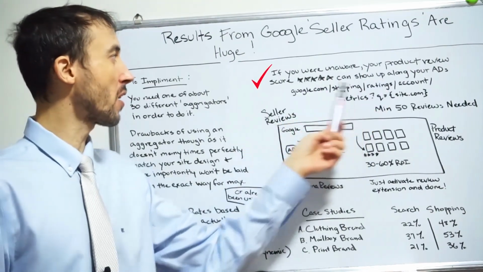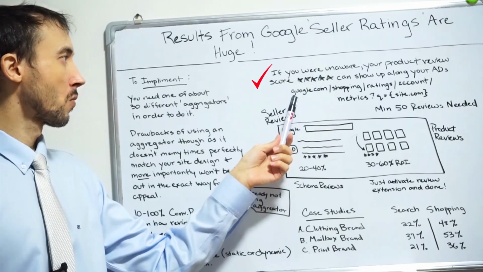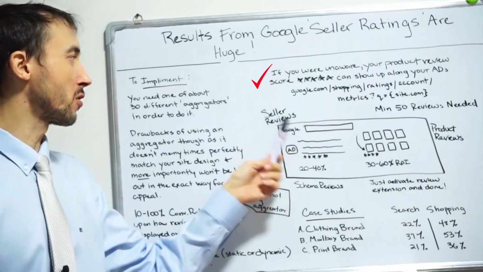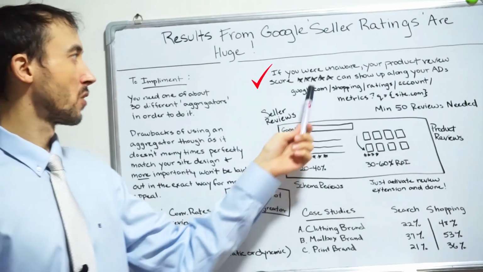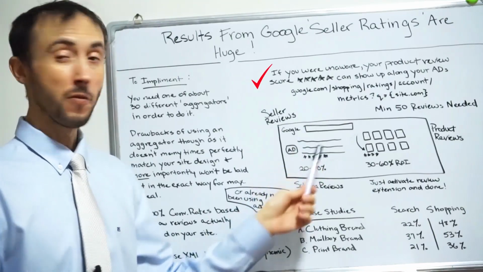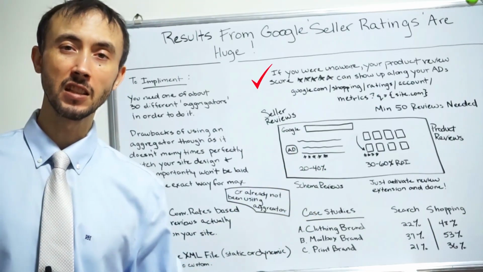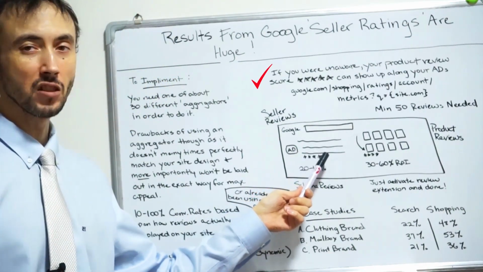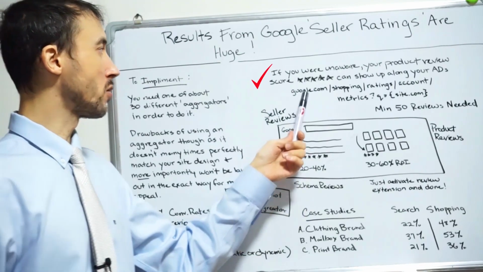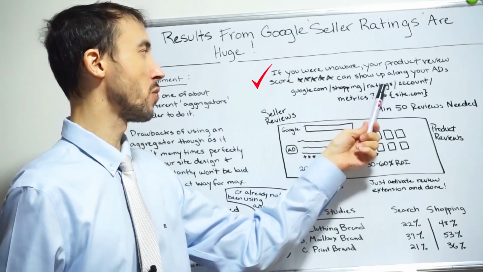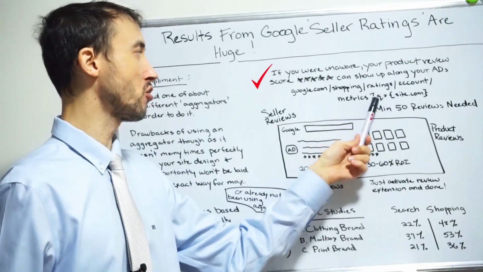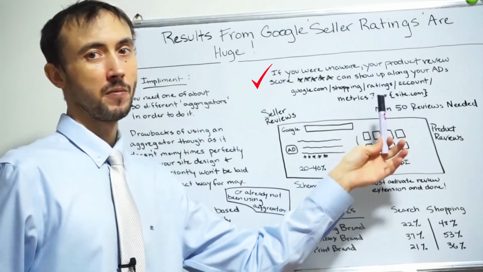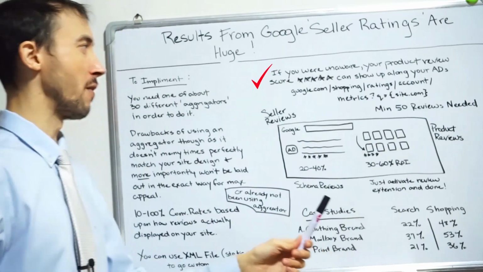If you're unaware, your seller reviews, in other words the stars that show up next to your text ads, if you want to know whether you're set up to get this going today, all you've got to do is go to google.com/shopping/rating/account/metrics?q= and then put the name of your site, like funeralmax.com, whatever it is.